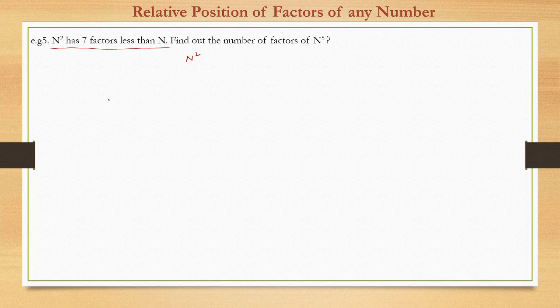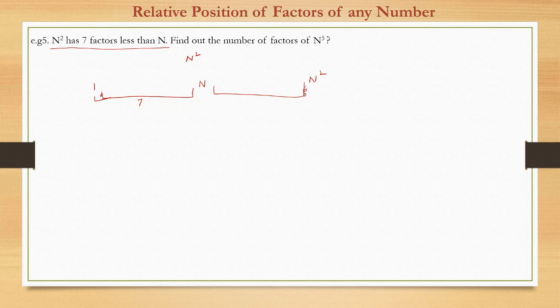So if we arrange the factors here, 1, n, n square, all the factors in ascending order, then the number of factors lying between 1 to n, and the number of factors lying between n and n square would be same, and we are given that n square has 7 factors less than n, so including 1 it is 7, right?